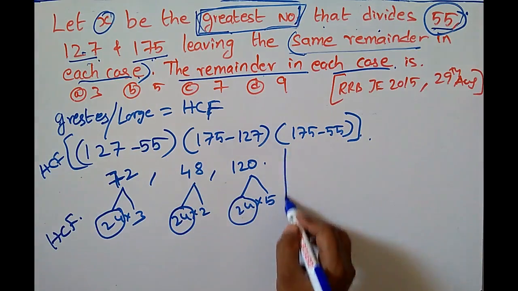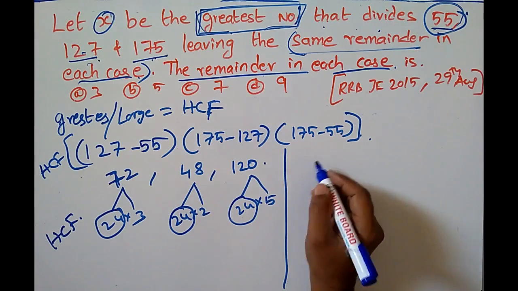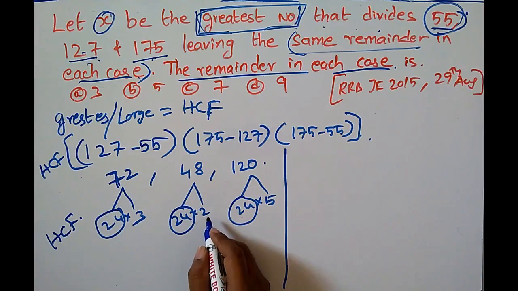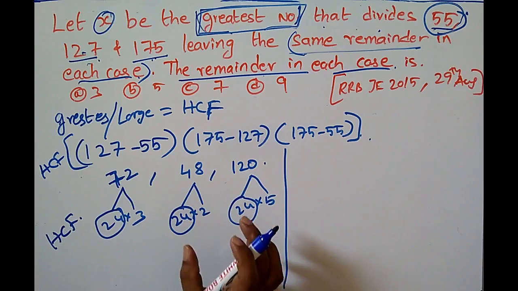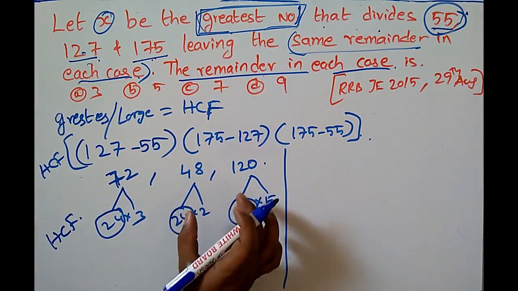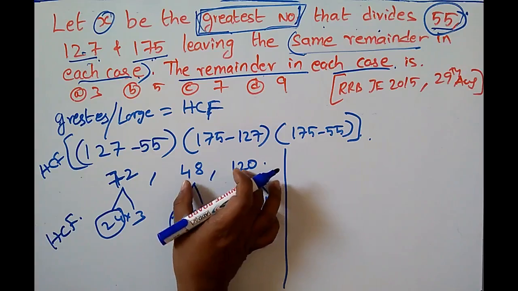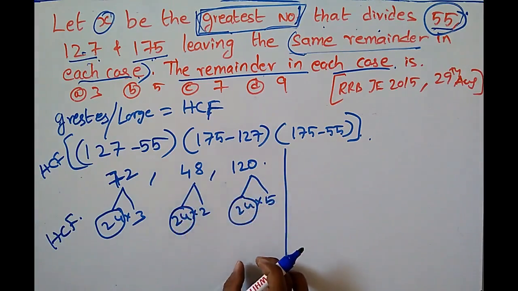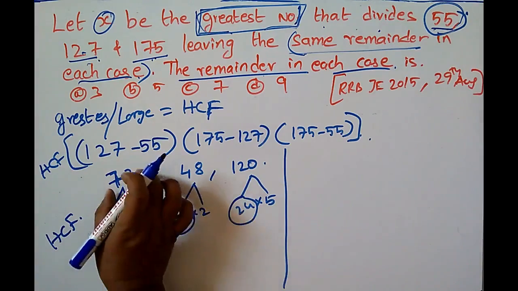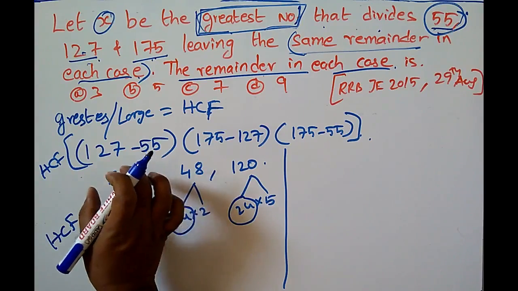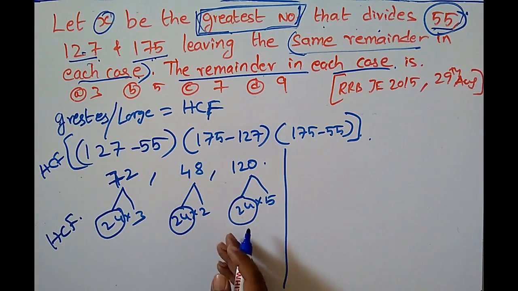HCF becomes 24. You can also follow the long division method by taking 2 numbers at a time. First of all, take the largest number and smallest number and find the HCF, and with that HCF you just go with the other number. It will be very easy.